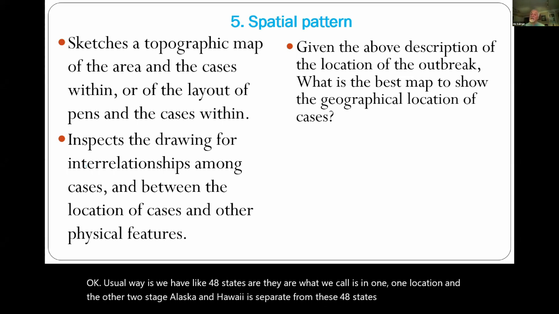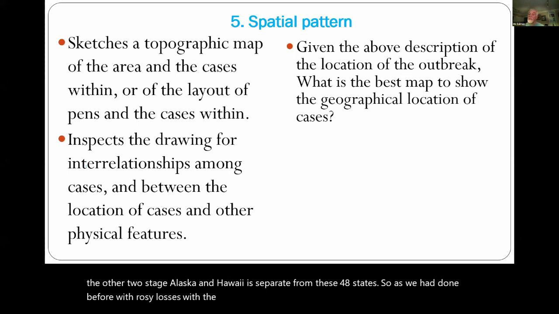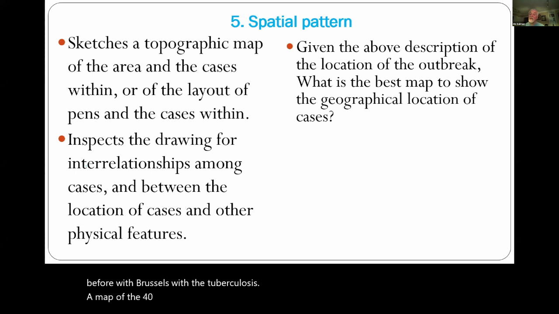So as we have done before with brucellosis and tuberculosis, a map of the 48 states in which you can put the cases by each of these 10 or 11 states.